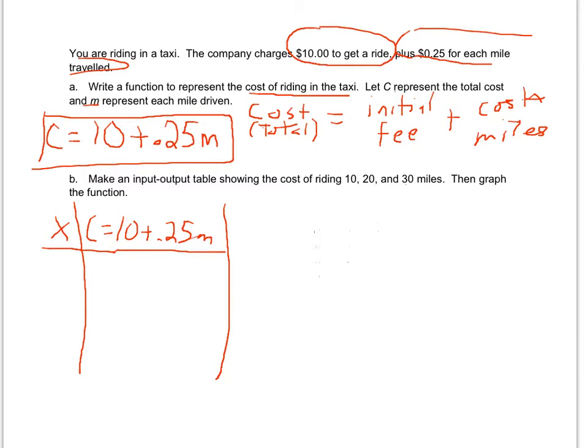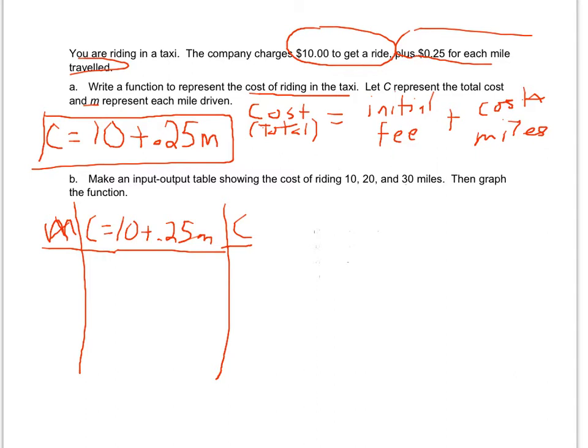Our x value is not going to be x this time. Let's stop and think about why that is. Our x value needs to be our input, so that should be m. I'm just going to write over with m. Then our output is our total cost, our C. When I put in a number for each mile driven, that's going to change the total cost.